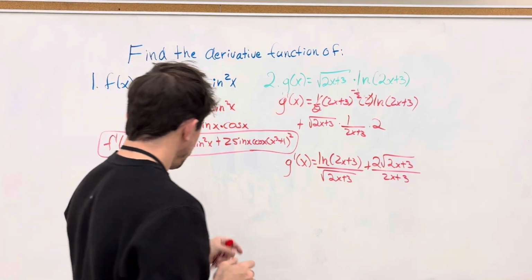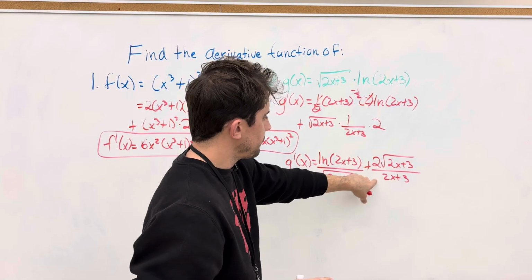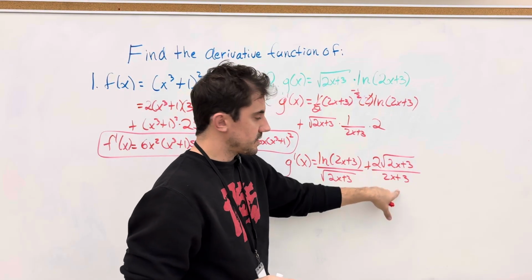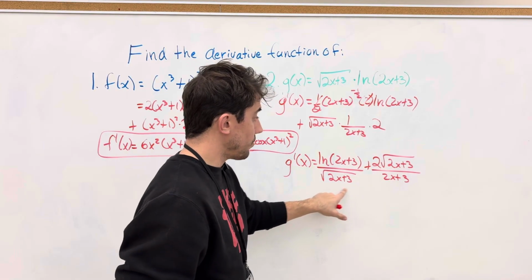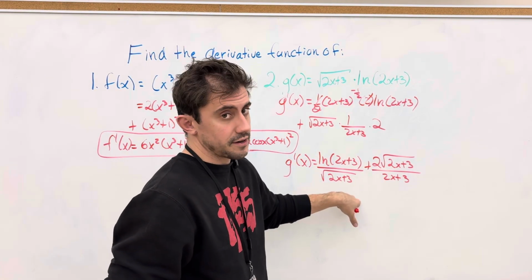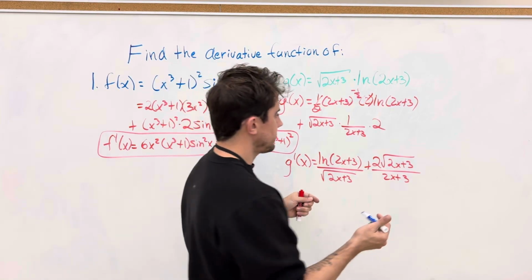And then we could even cancel out a factor of the square root of 2x plus 3 from the numerator and denominator, and that would actually get us a common denominator, which is kind of a neat coincidence, I guess.